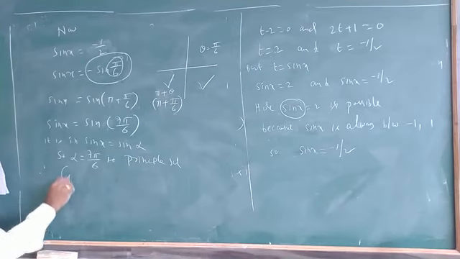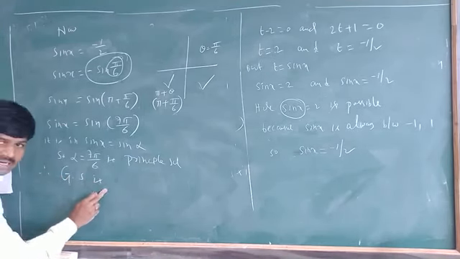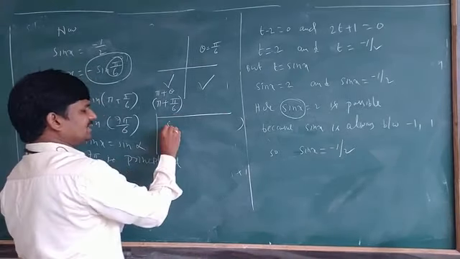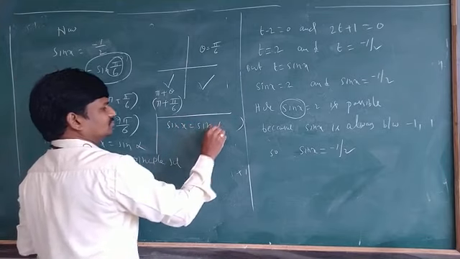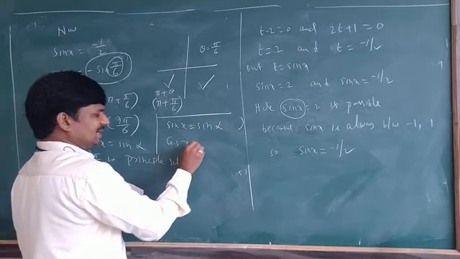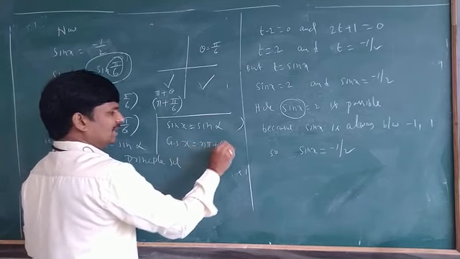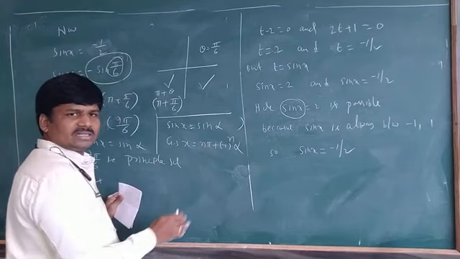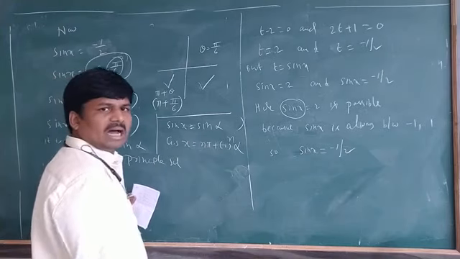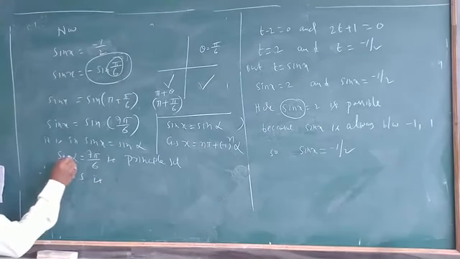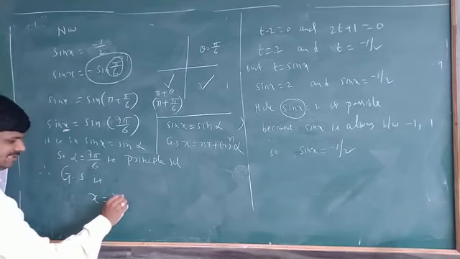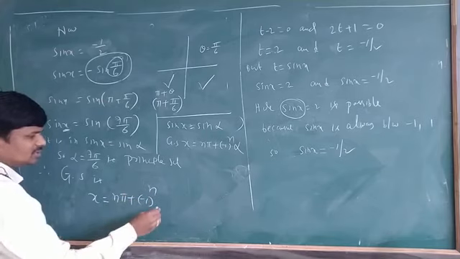Therefore, what is the general solution? Which form is it? Sin x is equal to sin alpha. If it is sin x equal to sin alpha, the general solution is x equal to n pi plus (-1) to the power n times alpha. Yes or no? So here the general solution is x equal to n pi plus (-1)^n into alpha.